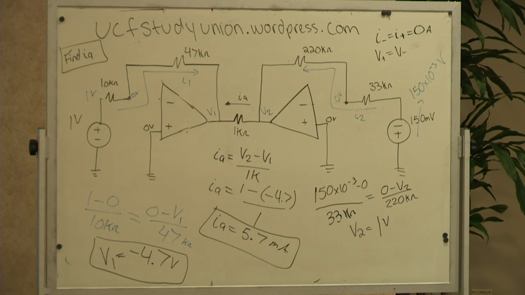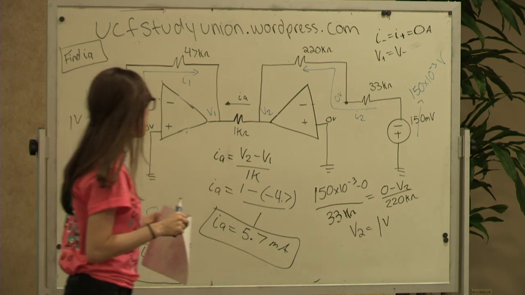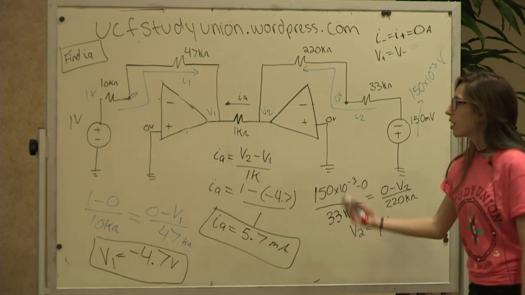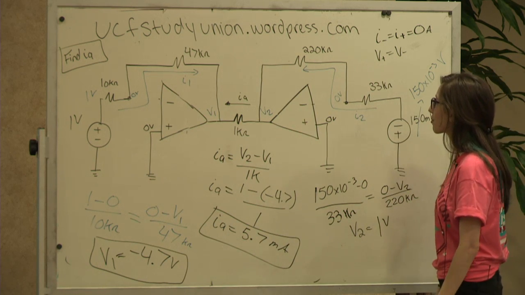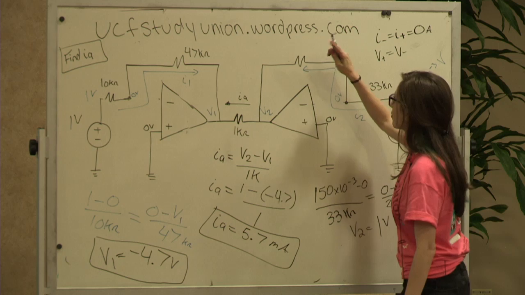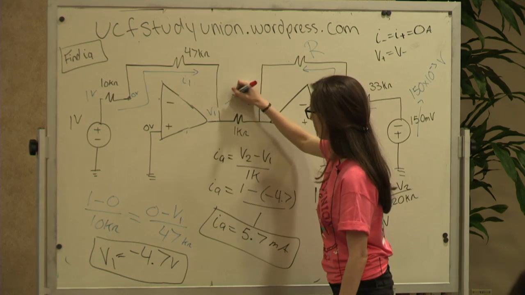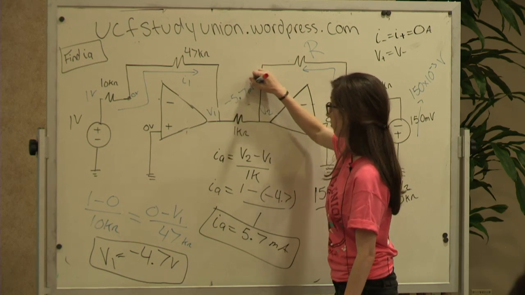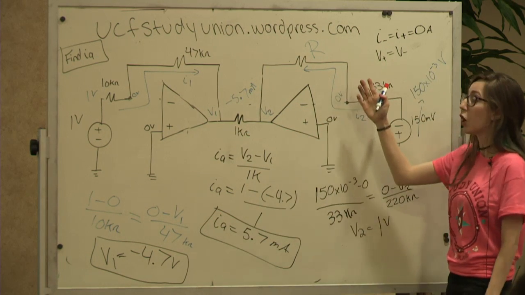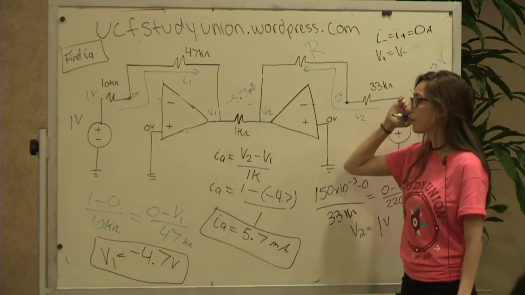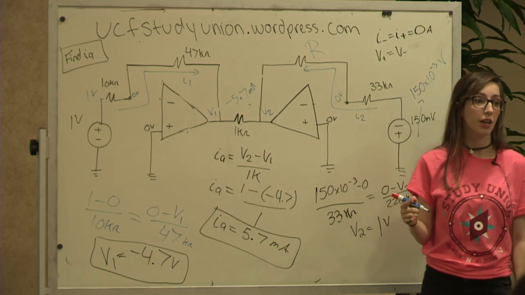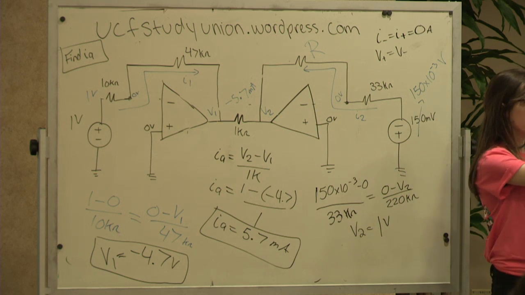Any questions on that? No. So this was just asking for IA, but sometimes she'll do something where she gives you IA and you have to find R. You would do the exact same process for that, using the node voltage method. Yeah, question?